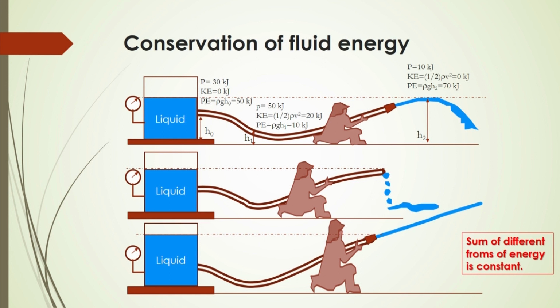Now, let us consider the conservation of fluid energy. See the picture, where fluid is released from a tank through a pipe. The pipe is not horizontal, there is a certain bend, and the cross section of the pipe changes.